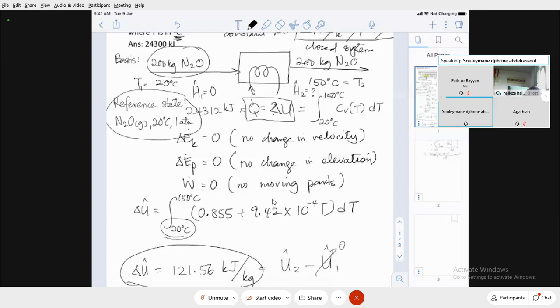Okay, I will look at it. I don't have the solution here, but this looks similar to what we discussed in one of the examples last week, isn't it? Yes, it's similar, but some information is missing. Before, they used to give us the mass flow rate.